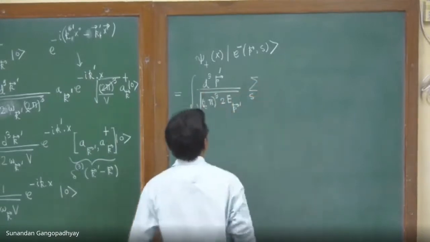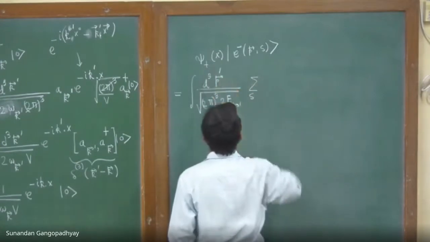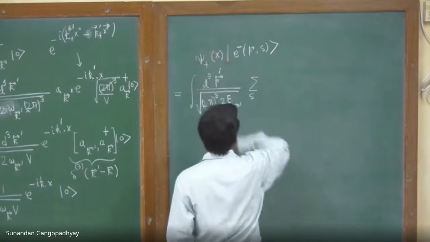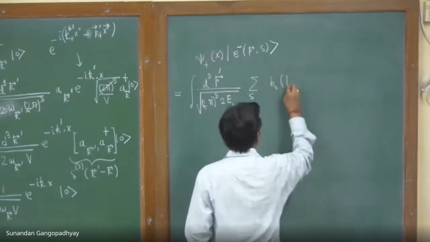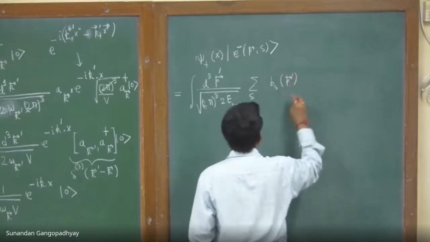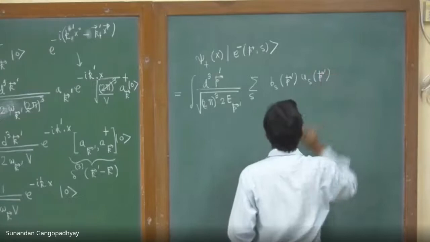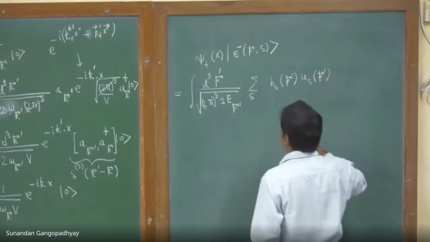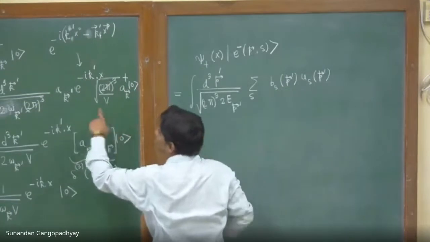Summation over S, the sum over the spin state, so the electron and positron. Here this is the annihilation operator of the electron, and then we have S prime, S prime. Then this again we shall write as before.